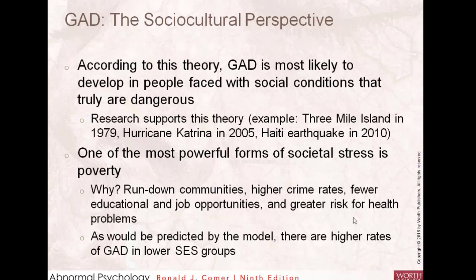It could be a kind of natural disaster situation, or it could be, another example, what about poverty? So poverty is kind of a persistent stressor. Someone who is living in poverty has a long-term exposure to many different types of stress because of things like rundown communities, maybe communities that don't have access to resources, higher crime rates, educational issues with schools in that district, job opportunities are just not there.